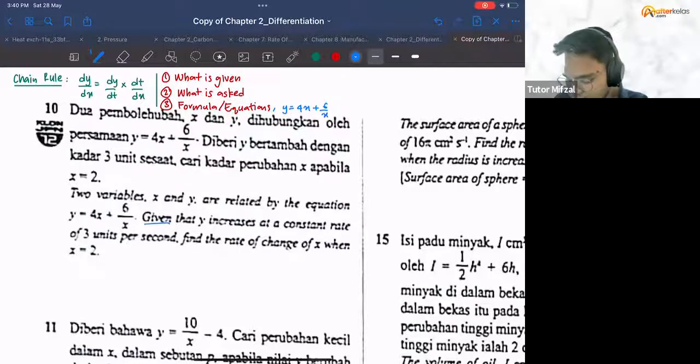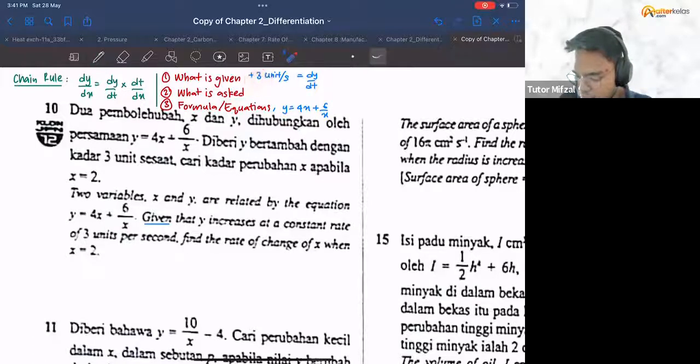Alright. Number 2, what is given? See, given that y increases at a constant rate of 3 units per second. So what is given is positive 3 units per second. This is referring to dy over dt. Why do I say dy over dt?